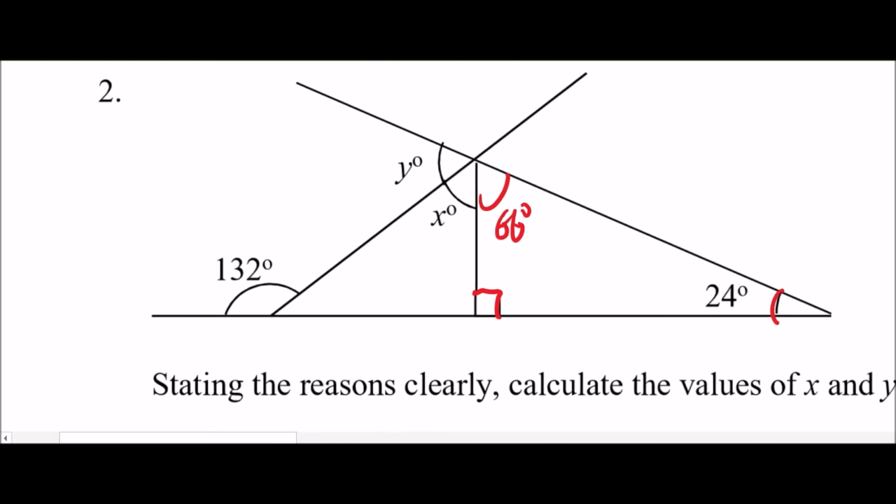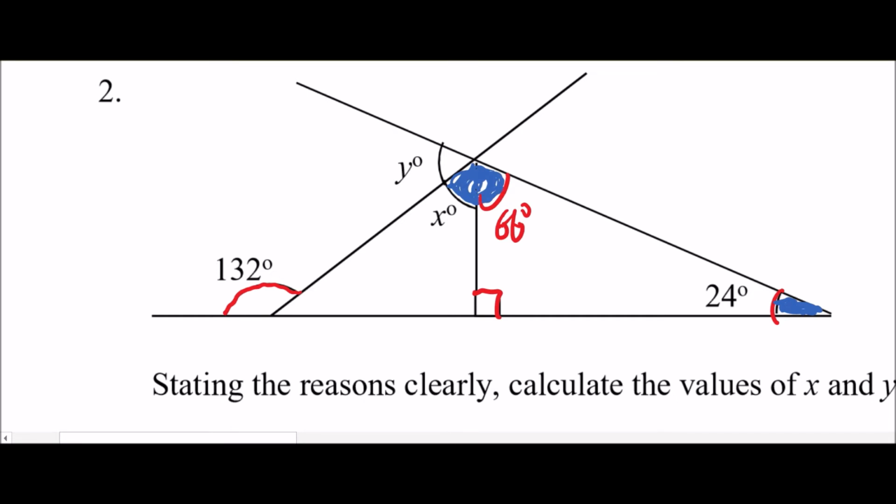What else do we have? I see that there is an exterior angle here, right? Which two angles are the opposite interior angles to this? We know that this angle over here is one of them, and this 24 degrees. So I know that I can immediately find my angle X.